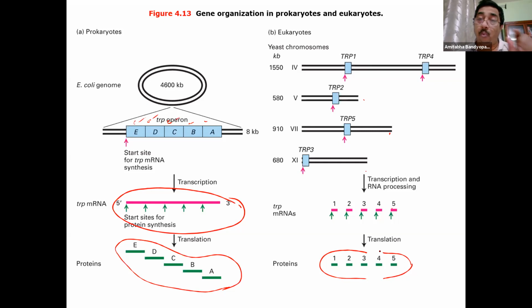So if there is just one control and command center, and that dictates the production of a polycistronic RNA, and from there all the different proteins are made, then you do not need complex regulation. While in here, the 5 genes are to be transcribed separately. But for tryptophan to be synthesized, all the 5 will have to be transcribed and translated at the same time.